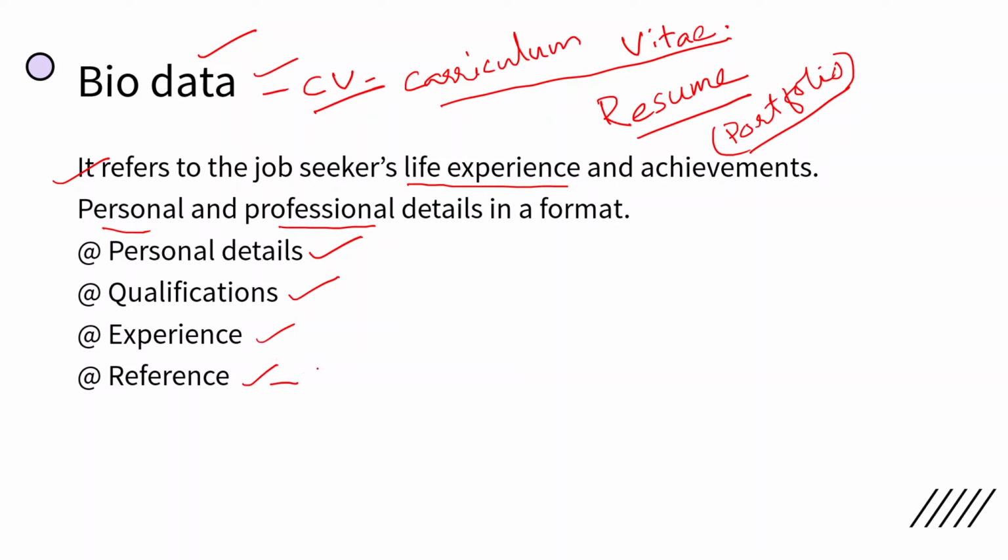A reference means the name or email ID of the professor or the head of the institute, or a person whom the employer can contact to know about the job seeker, to know about us. That is a reference. His mail address should be given.